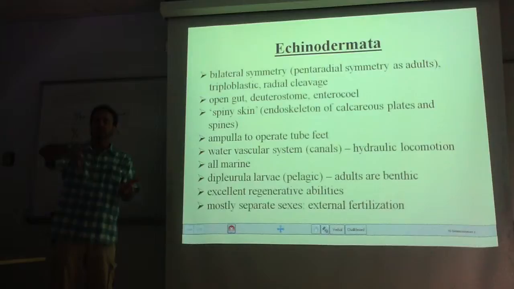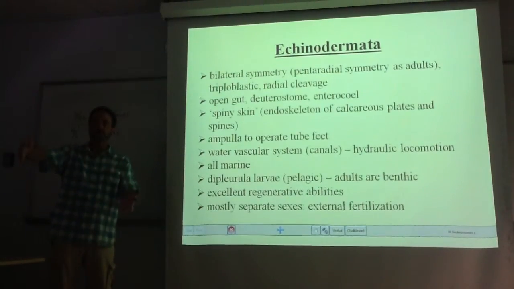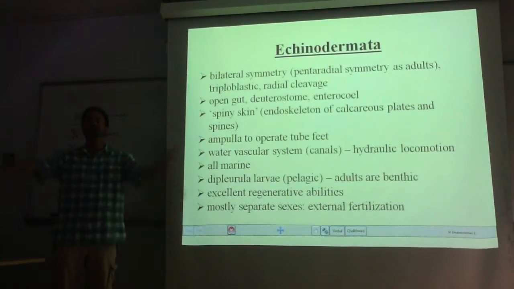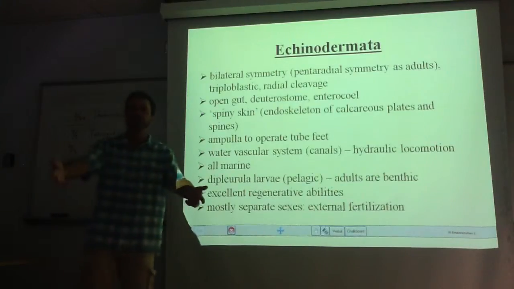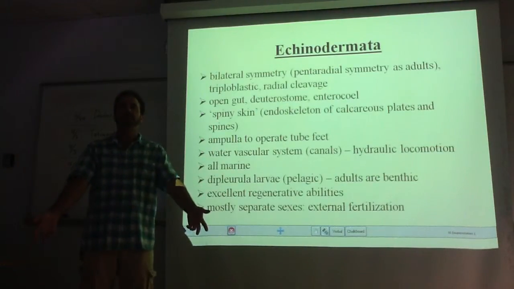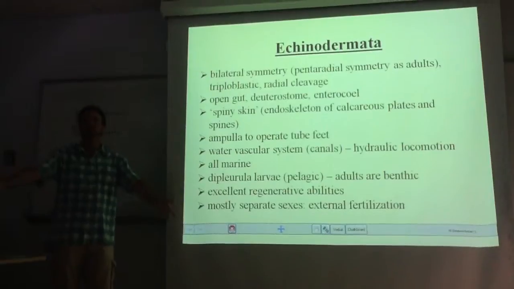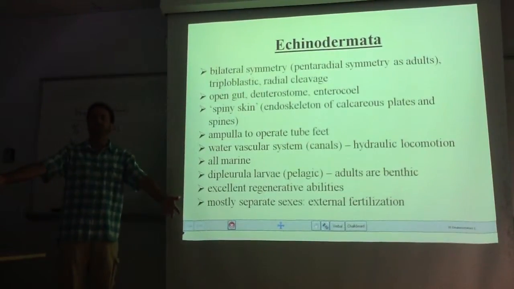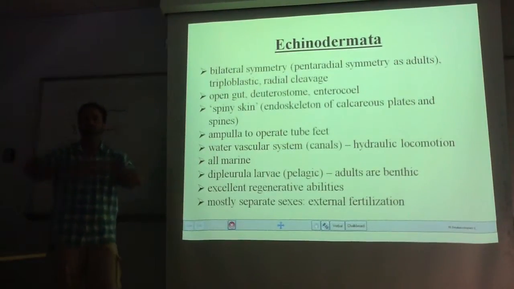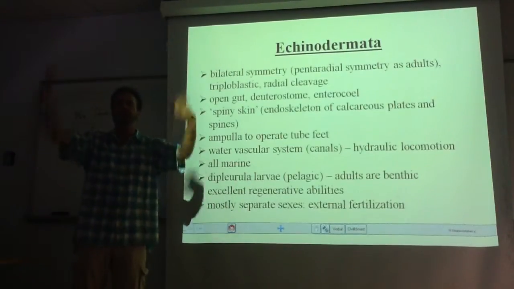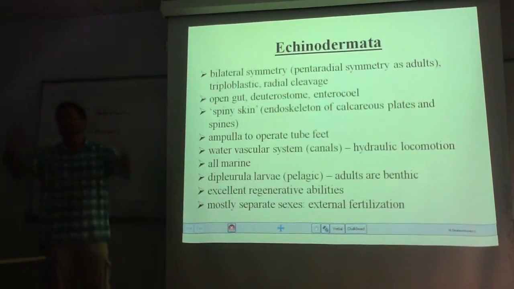You're getting good with these larval forms, right? Like when I say cydippid larva, you say ctenophore. When I say planula larva or polyp, you say cnidarian. When I say parenchymula larva, you say sponge. When I say trochophore larva, you say mollusk or annelid or maybe something like that, right?